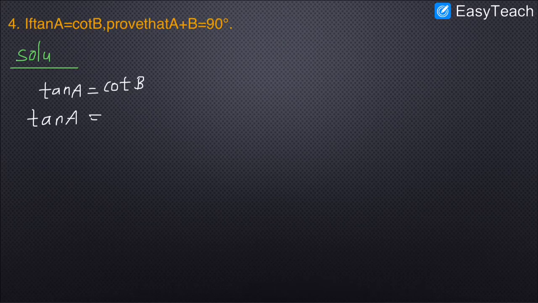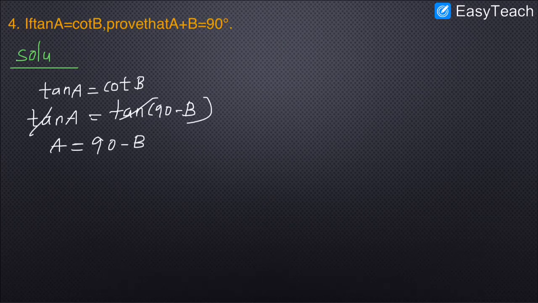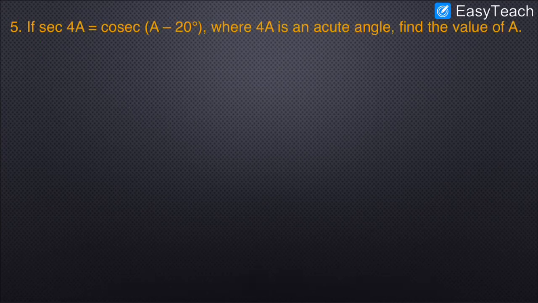If secant 4a equal cosecant a minus 20, where 4a is an acute angle, find the value of a. Same as the previous problem. So secant 4a equal cosecant a minus 20. This is given. And 4a is an acute angle, which means less than 90 degree. Find the value of a. So secant 4a, I write as cosec 90 minus 4a.